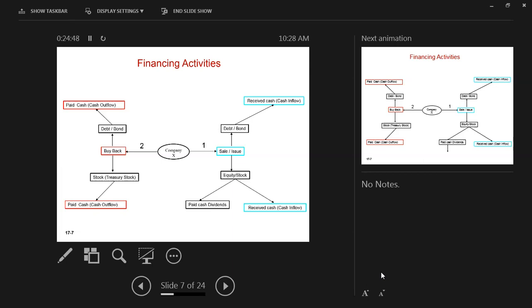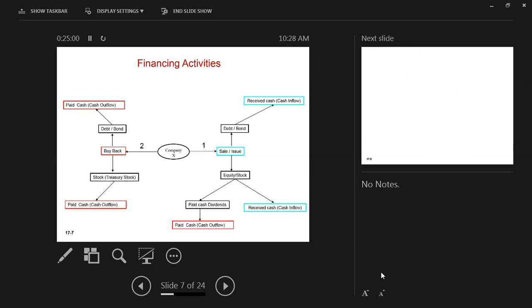You pay their net income, and net income is related with equity because net income goes to the shareholder. So when you pay dividend, it is related with financing activities, cash outflow. So if you receive dividend, it is your revenue. Your company receive dividend, it is the revenue. But when your company pay dividend, it means that your company pay dividend from the net income.